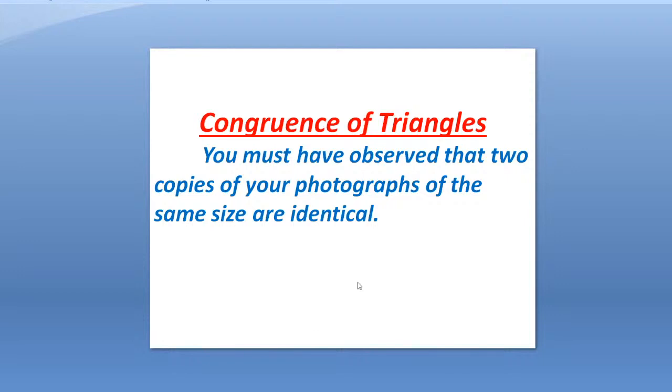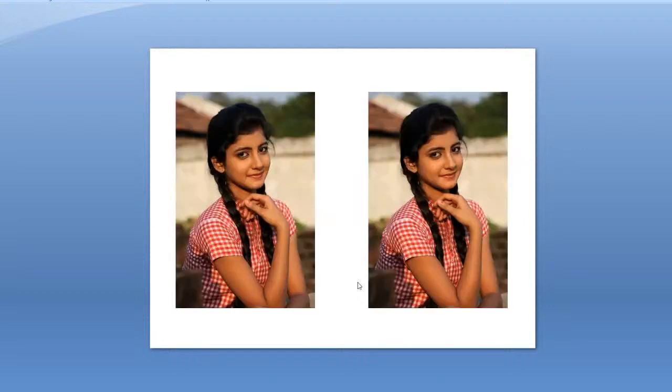You must have observed that two copies of your photographs of the same size are identical. See here. It is called identical or congruent.